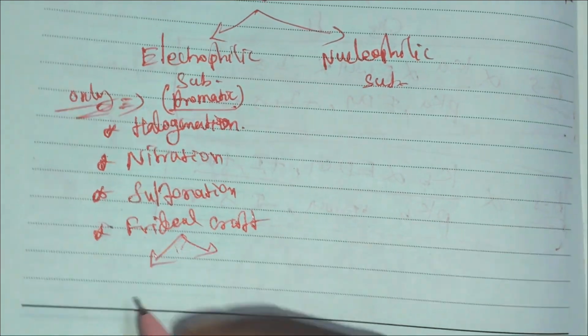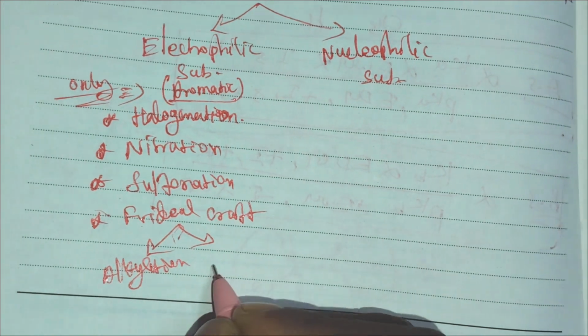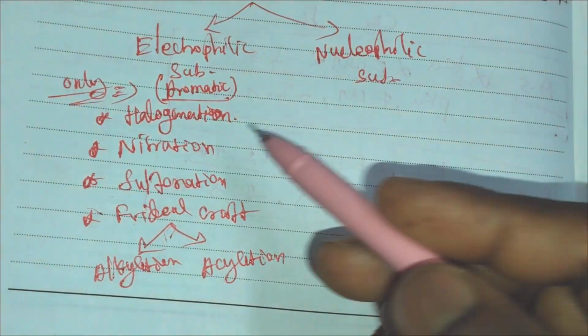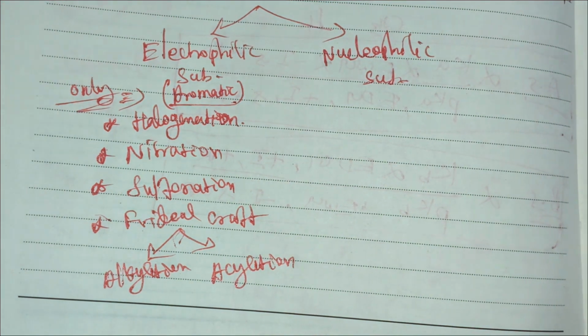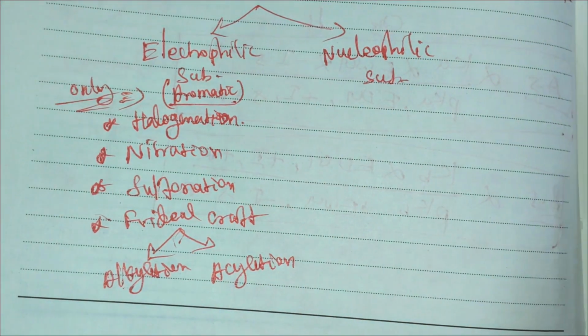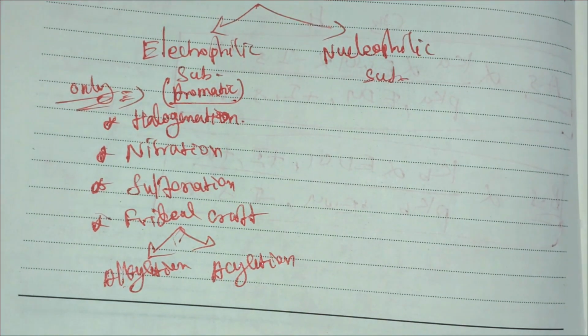This Friedel-Crafts reaction is of two types: alkylation and acylation. Entirely there are five types, and these five types are mostly covered in aromatic electrophilic substitution reactions.